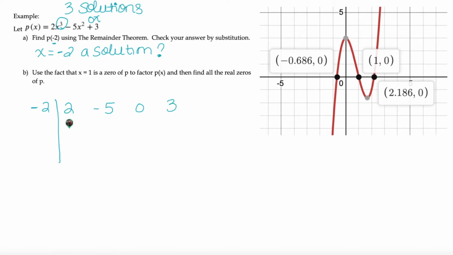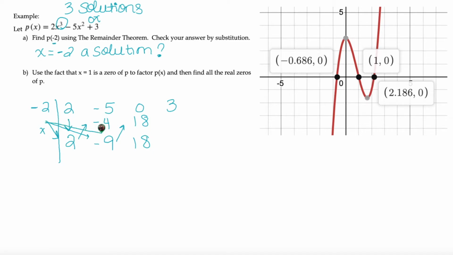Always bring down the first value. Then I take negative 2 times 2, which is negative 4, and bring that up top. Negative 5 minus 4 is negative 9, and repeat: negative 2 times negative 9 is positive 18. Bring that under 0. 0 plus 18 is still 18.